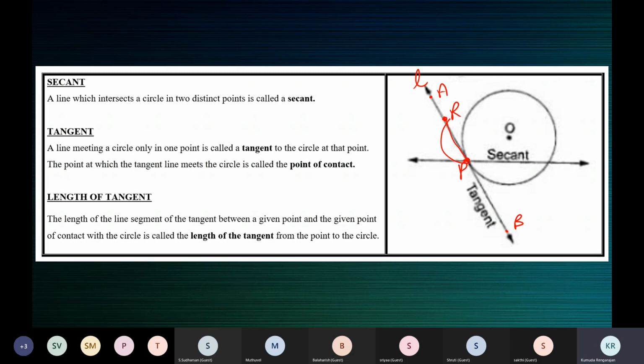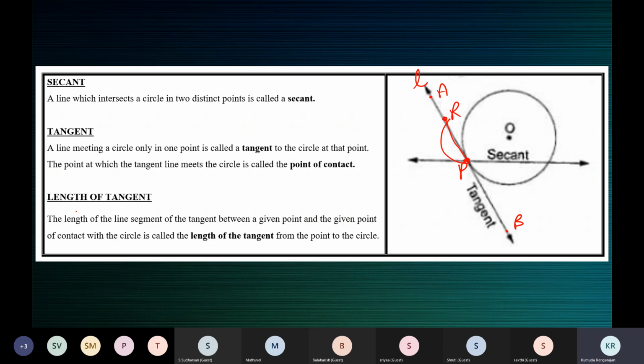So here you see PR is a tangent segment. PA, from the point of contact, is a tangent segment. PB is a tangent segment. So you can see the definition below.